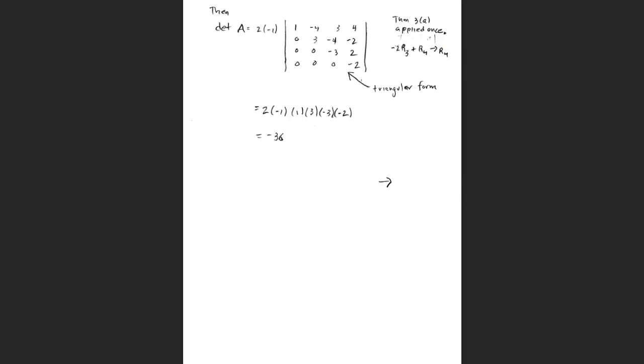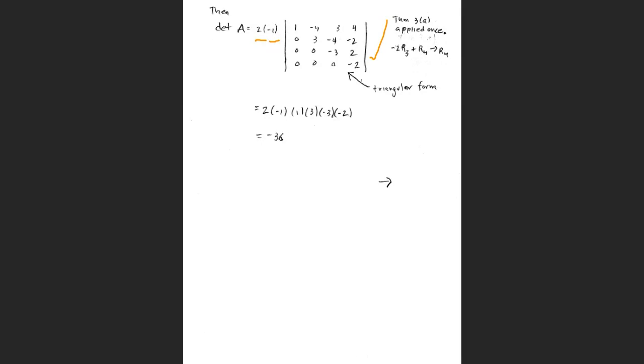So here we go. Of course, I just keep the 2 and the -1 there, and now there's my determinant of that. It was the same as the previous determinant, and now we have it in echelon form, or triangular form.